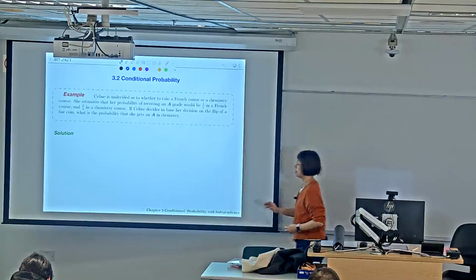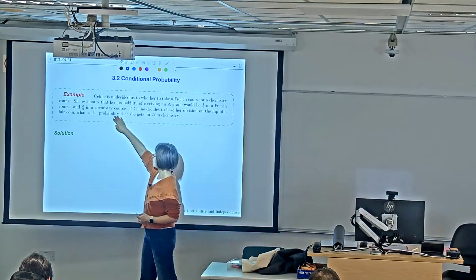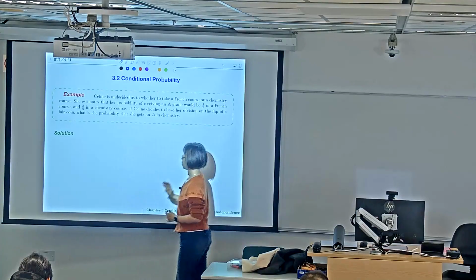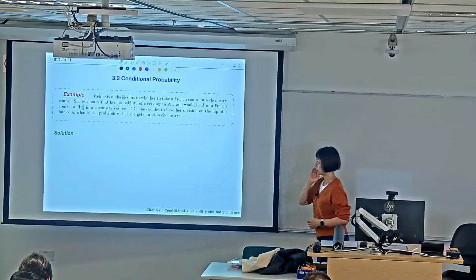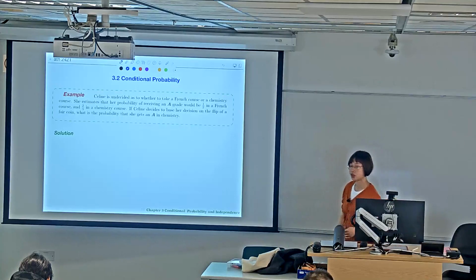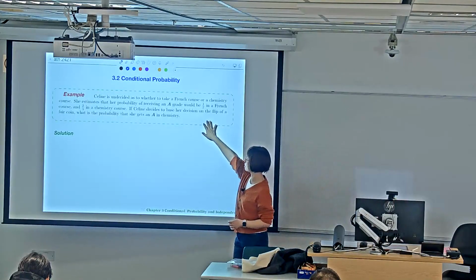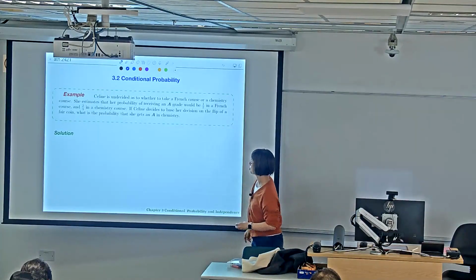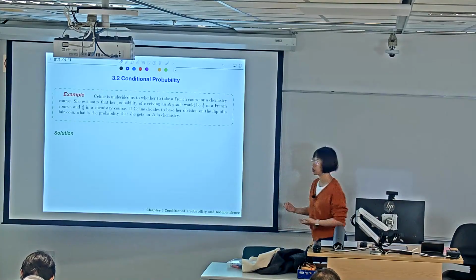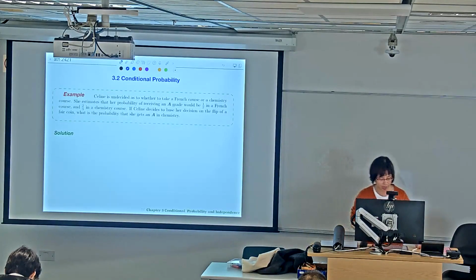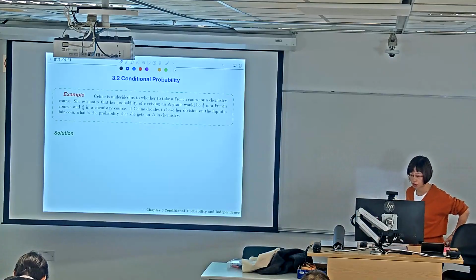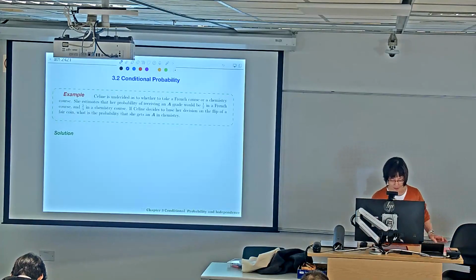Similarly, given that Celine has taken the chemistry course, the chance she gets an A is 2/3. And she decides to take the French or chemistry course by flipping a fair coin, so the chance she takes each course is 1/2. So that's what is given.